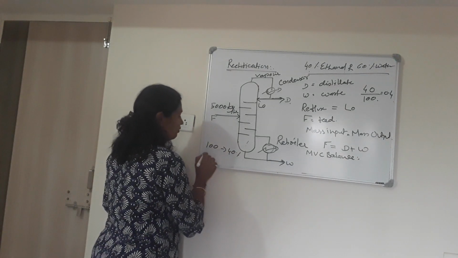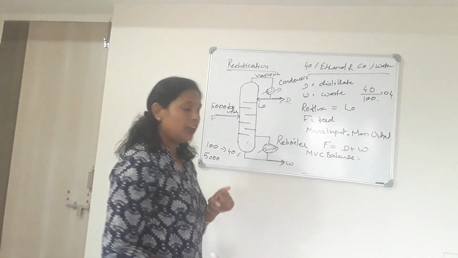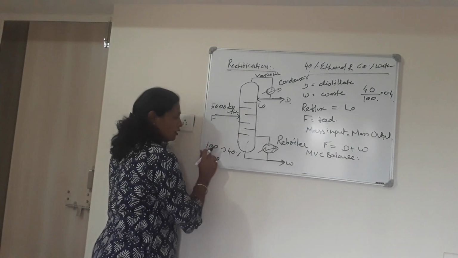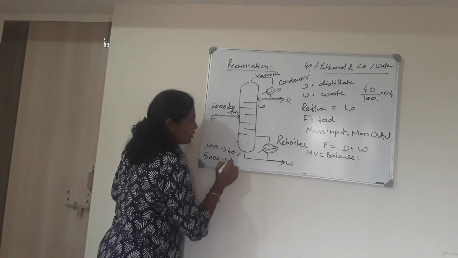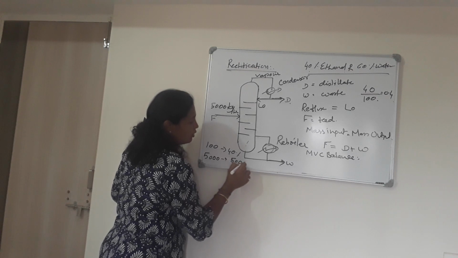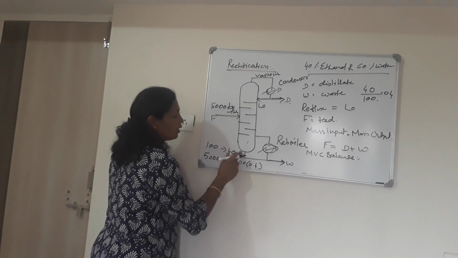So if we want to find the amount of ethanol in the feed, what can we do? In 100 it is 40, so in 5000 how much is it? We have to do 5000 into 0.4. Why 0.4? 40 upon 100.